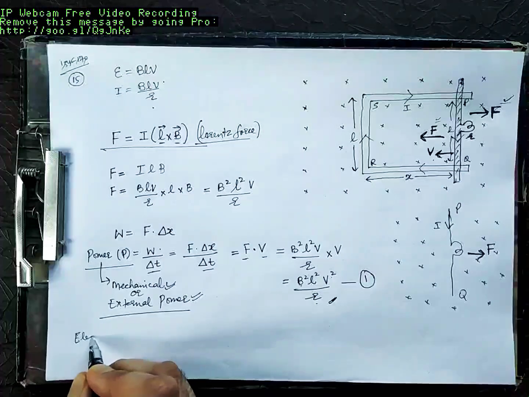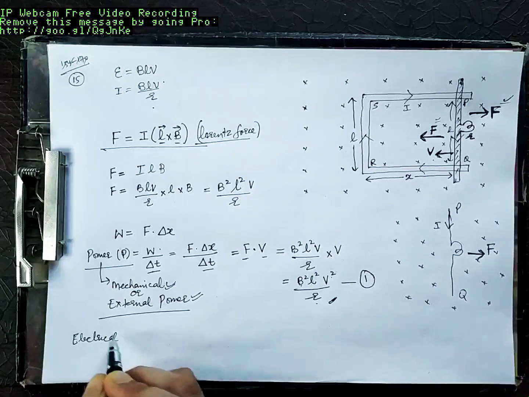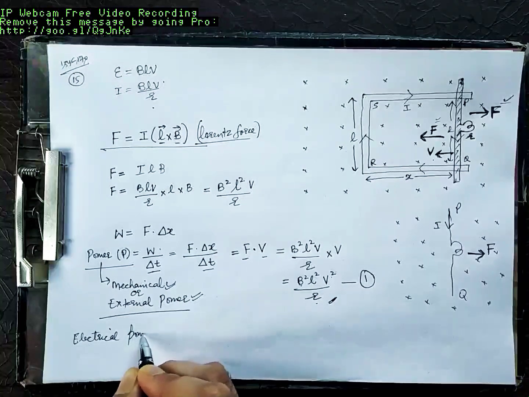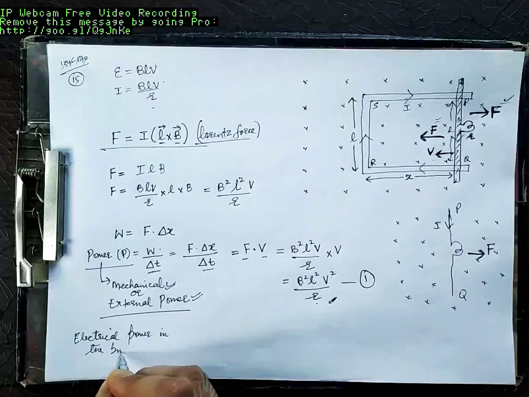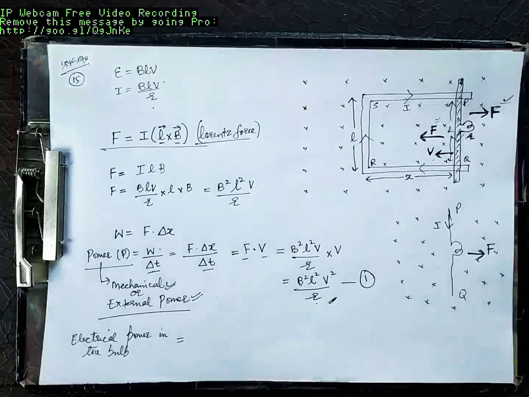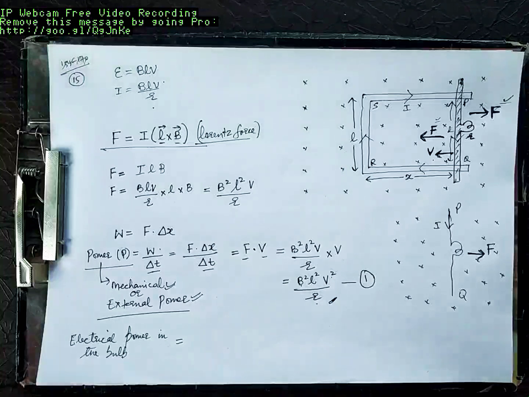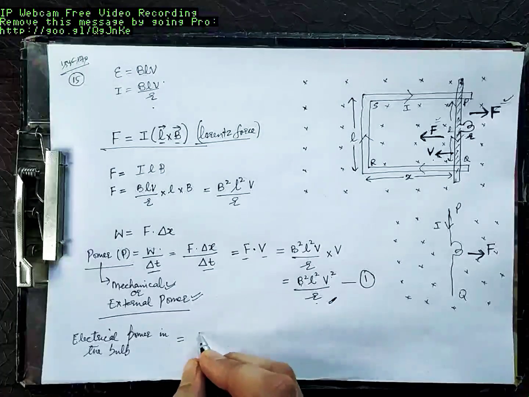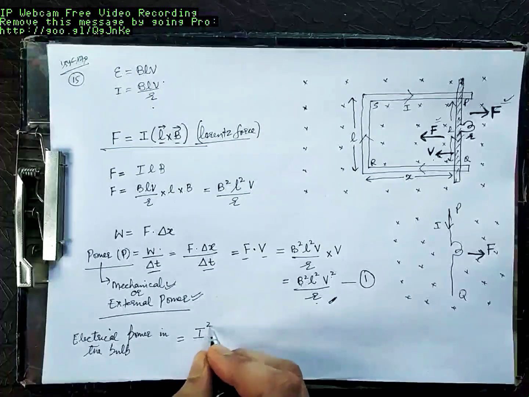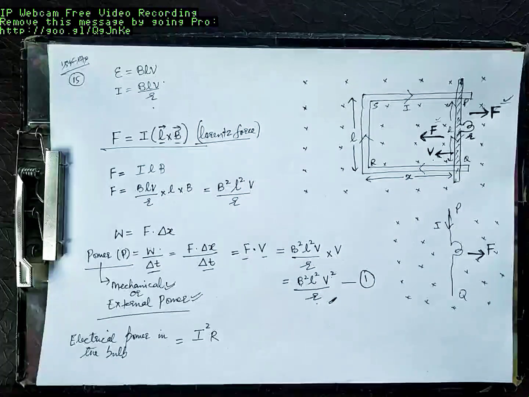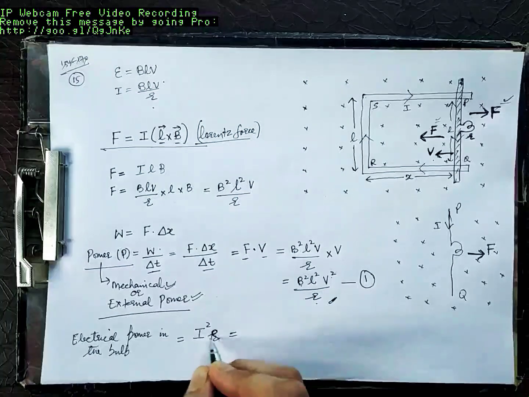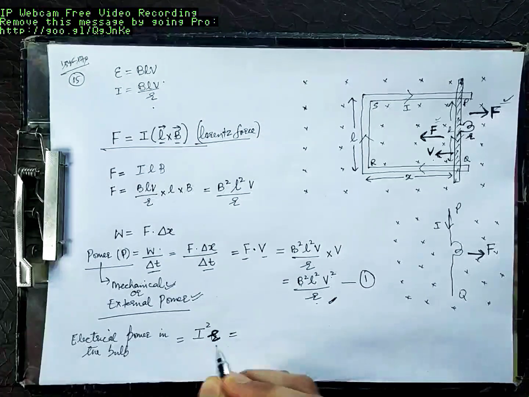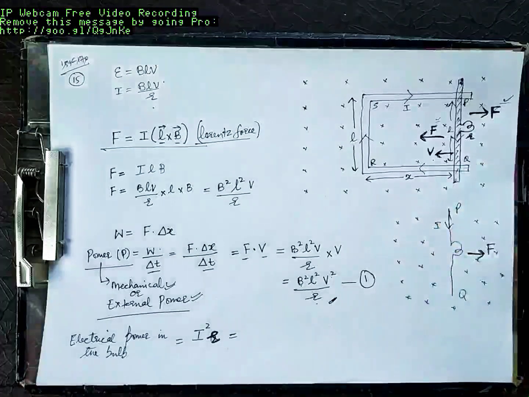Electrical power in the bulb is equivalent to, you already know this from the current electricity chapter, I square into r. We have represented the resistance of the bulb by small r. How much is current I?